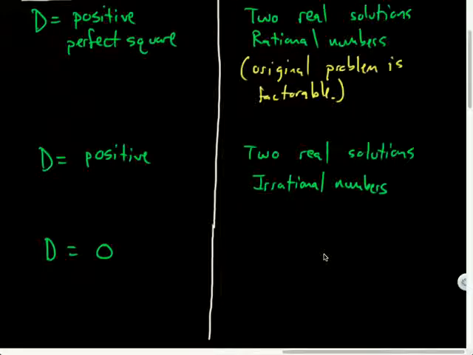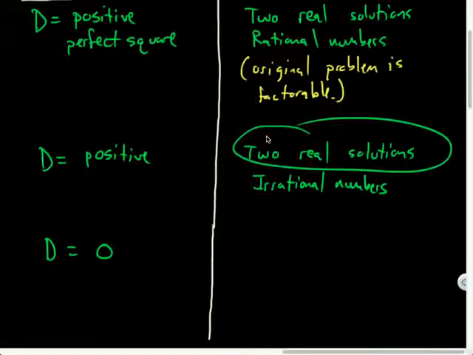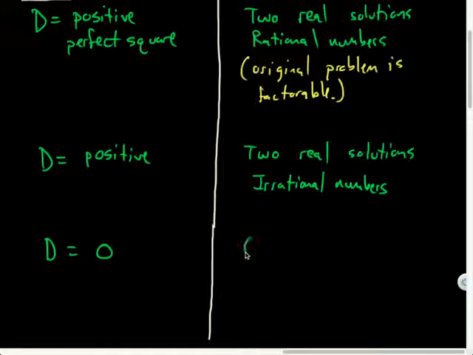It doesn't change it, right? Adding 0 and subtracting 0 is going to give me the same value. So instead of 2 real solutions, I'm just going to have 1 solution. And it will be rational, because the square root of 0 is 0. Adding and subtracting, it's going to give me the same value both times.